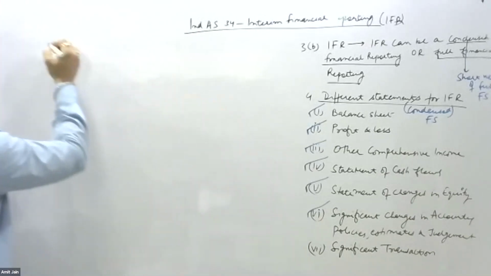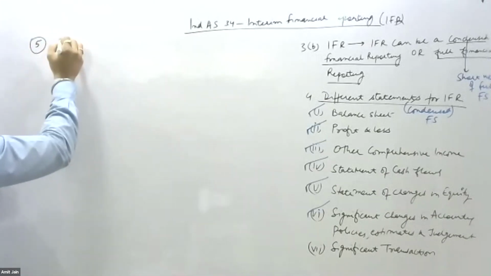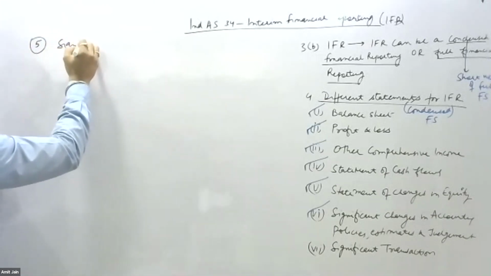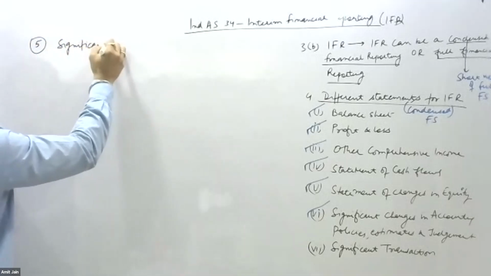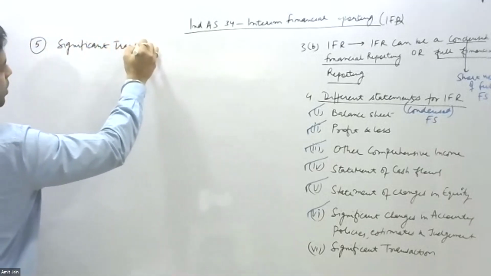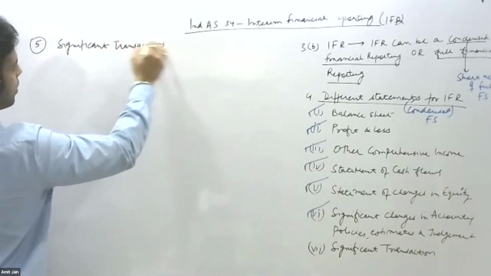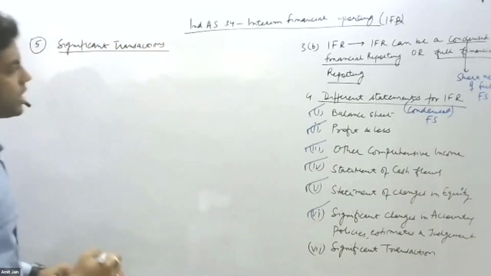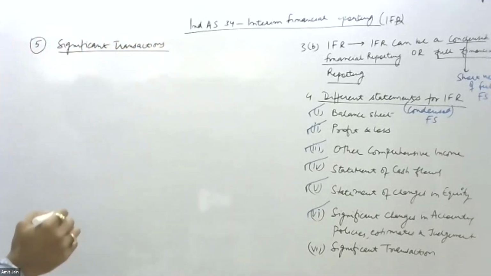This is fourth point. This is fifth point. Significant transaction. Right? What is the significant transaction which the company needs to disclose?